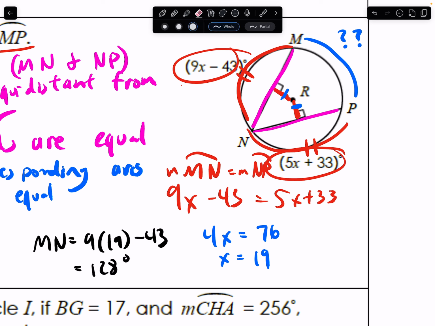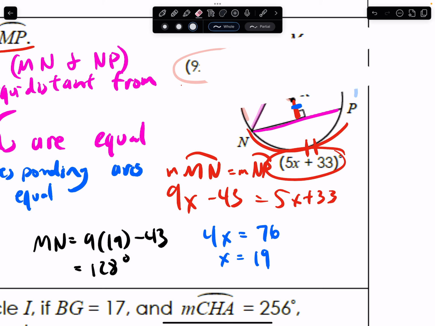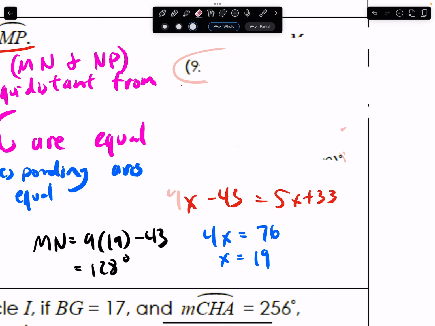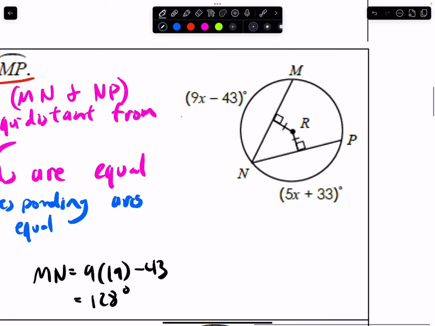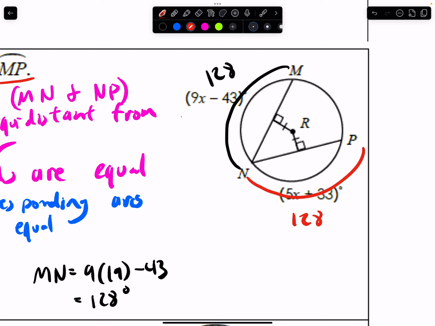Going back to our picture, this right here was 128 degrees, and this arc is the same thing. To find the missing arc, you go 360 minus 128 minus 128, which is equal to 104.